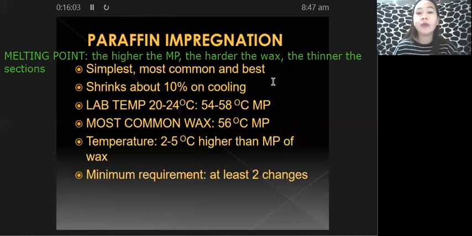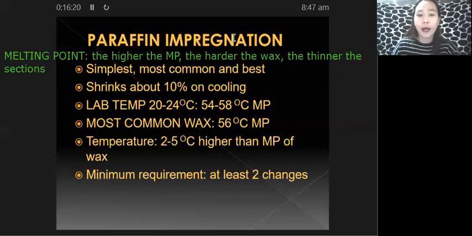So another consideration for your paraffin impregnation, this actually serves as a disadvantage if you are not careful about it. Take note that your paraffin wax shrinks about 10% on cooling.